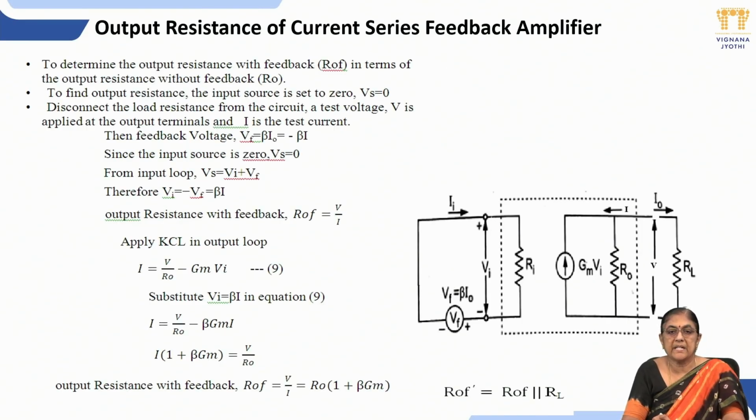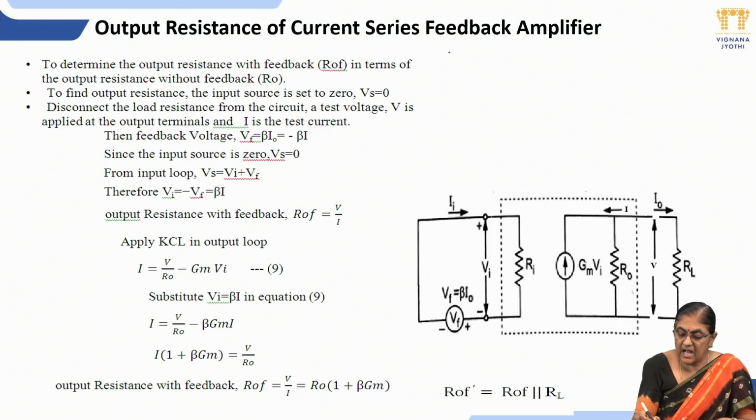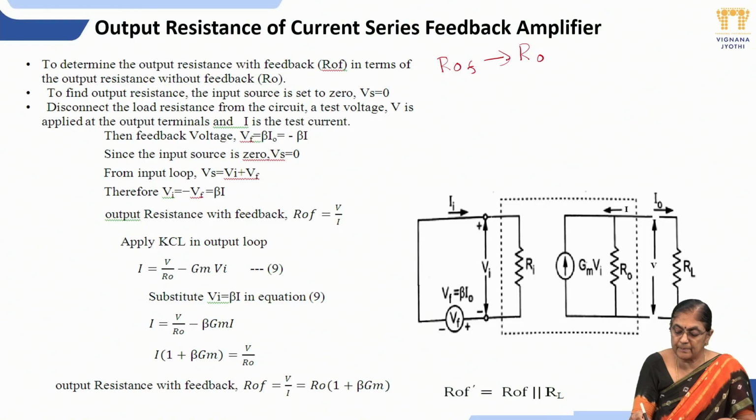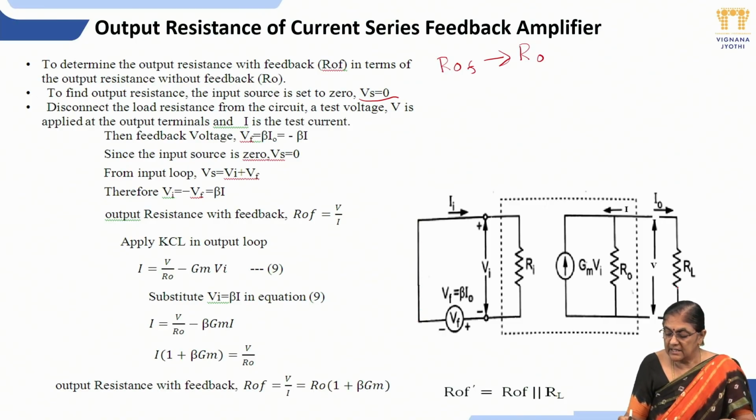So to determine the output resistance with feedback, that is R0F, in terms of output resistance without feedback, that is R0. To find output resistance, set input source to 0. What is the input source of current series feedback amplifier? Vs. Vs is 0. What is the meaning for Vs is equals to 0? Voltage source can be replaced with short circuit. Short circuit, and disconnect the load resistance from the output circuit and apply the test voltage.